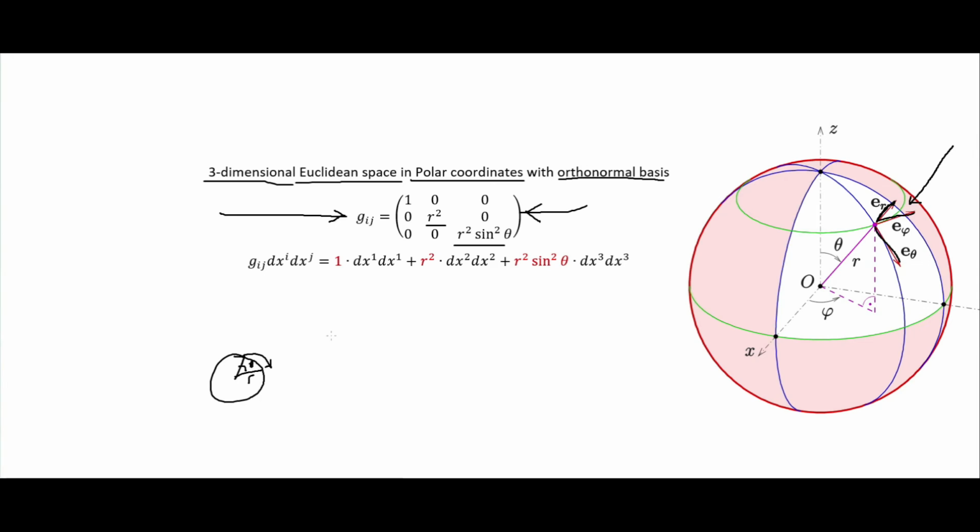This metric here gives some meaning of distance, so how far away is this second vector from the first vector, and so this metric gives a meaning to distance in polar coordinates. And I just wanted to show this to show that our metric tensor isn't always going to have nice ones and zeros for its elements, but when we are in polar coordinates, for instance, it will have different elements.